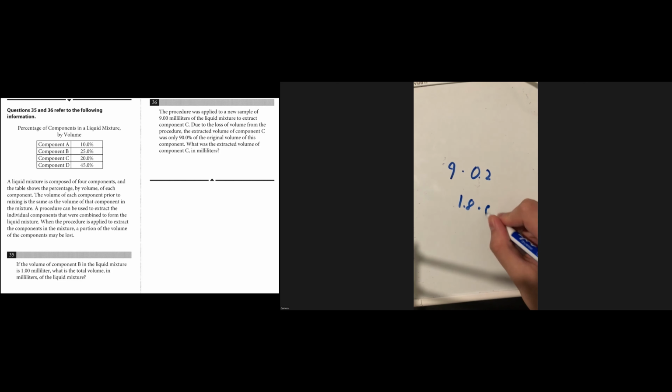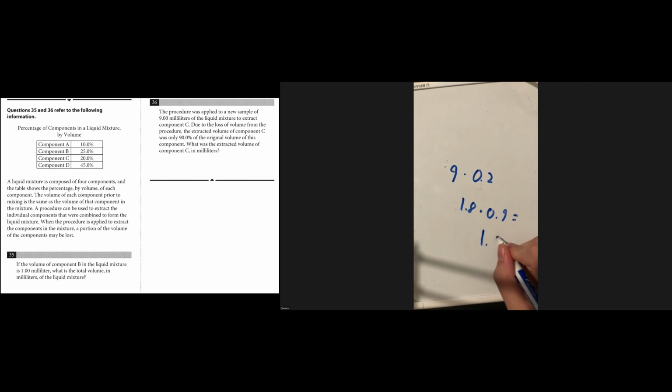So 9 times 0.2 gets us 1.8. And we have to do 1.8 times 90%, so times 0.9, which is 1.62. And that is our correct answer, 1.62.